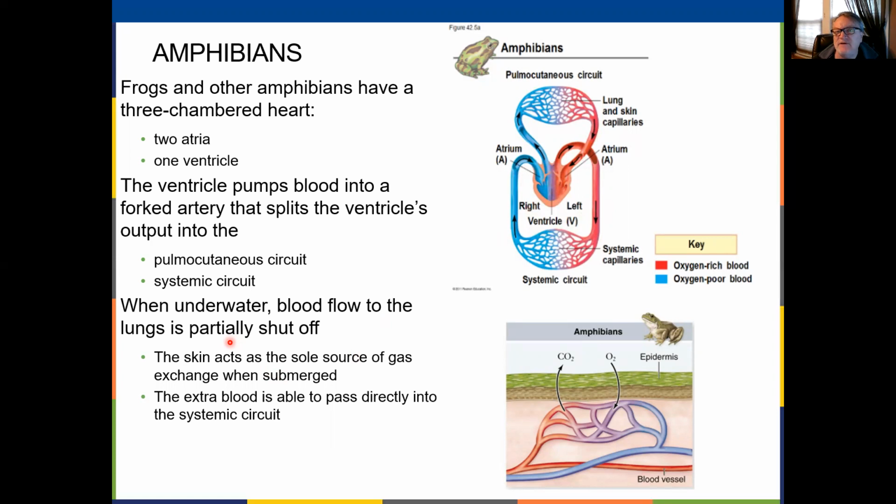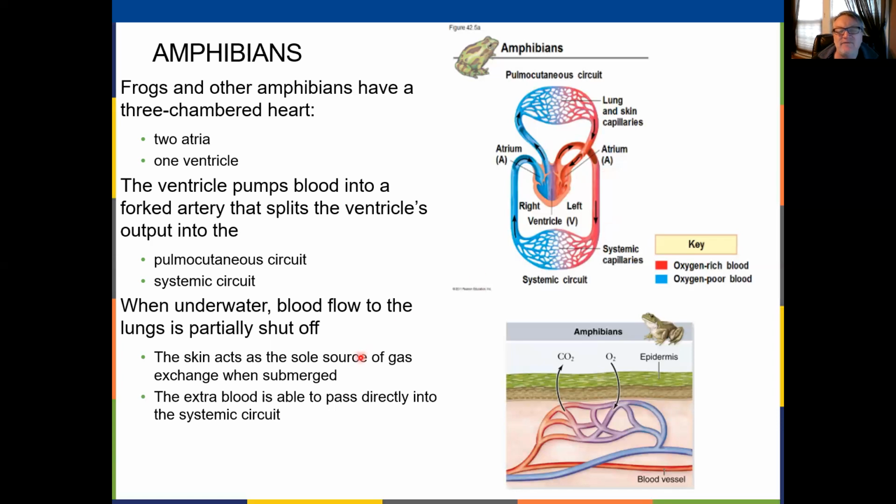It does have its inefficiency because it allows oxygenated and deoxygenated blood to mix within the heart. So there's always some deoxygenated blood that can bypass the respiratory system and just go right back out to the body.